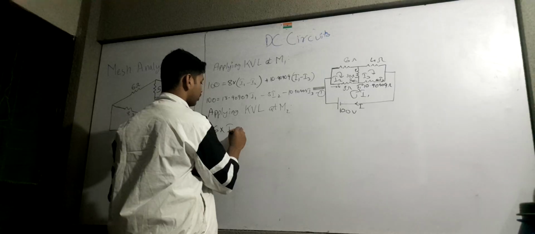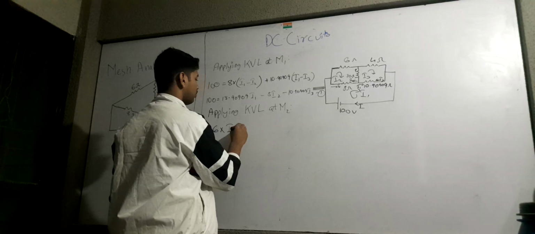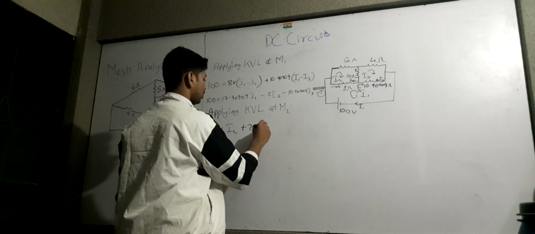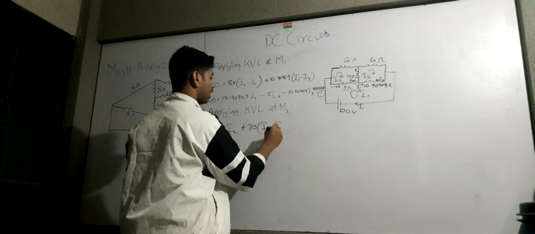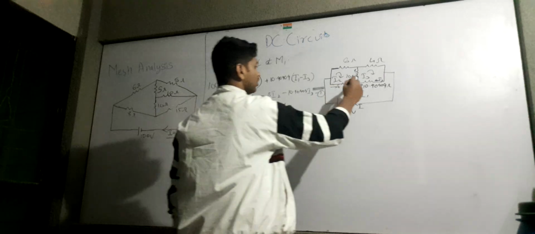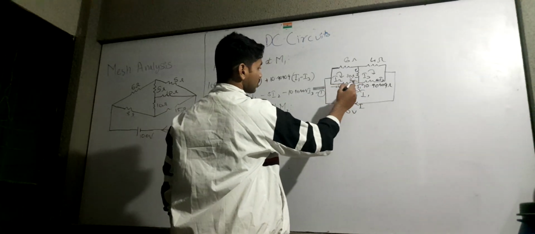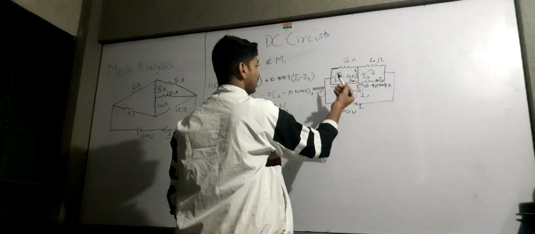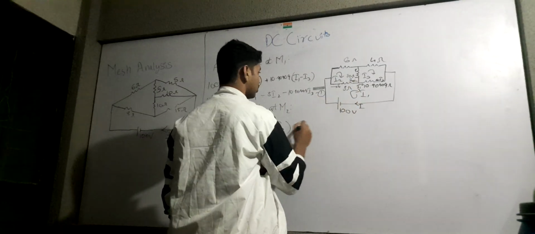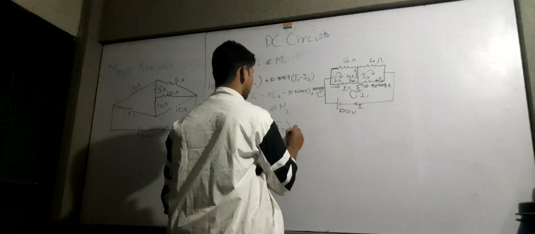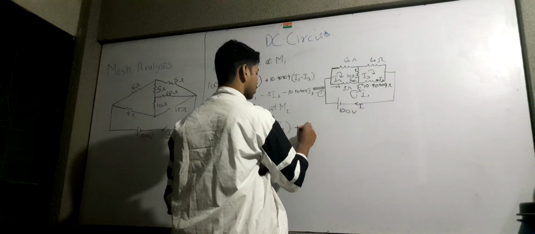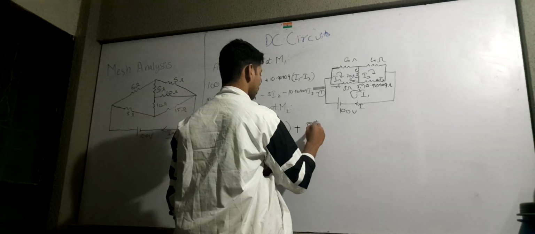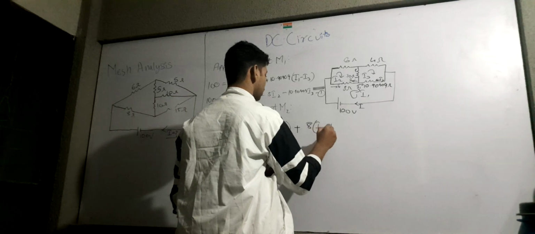So what we do here is plus 20 I3 minus I2. Now again we go to 8 ohms, which is shared by mesh 1 and mesh 2. Since they are in opposite directions, we go 8 I1 minus I2.